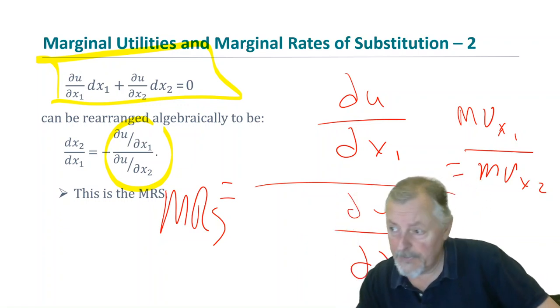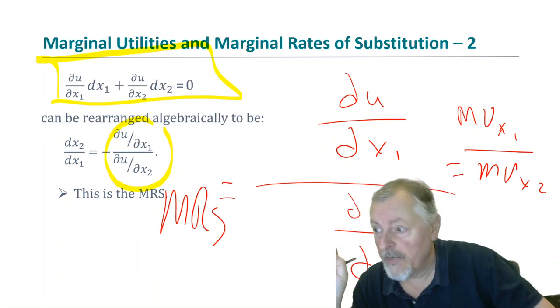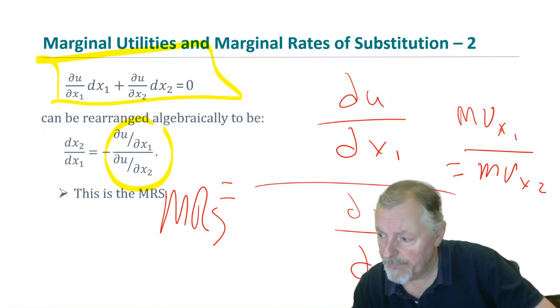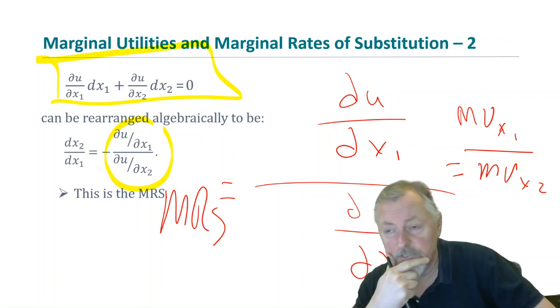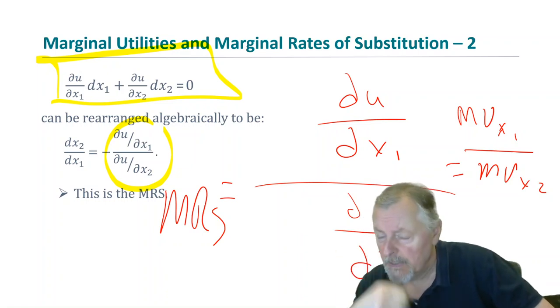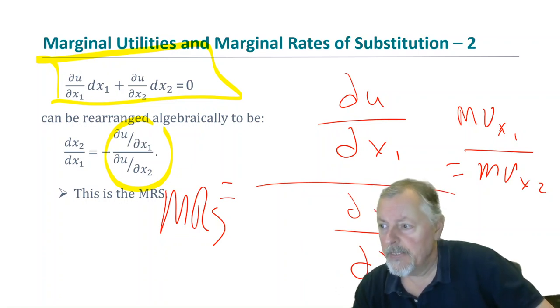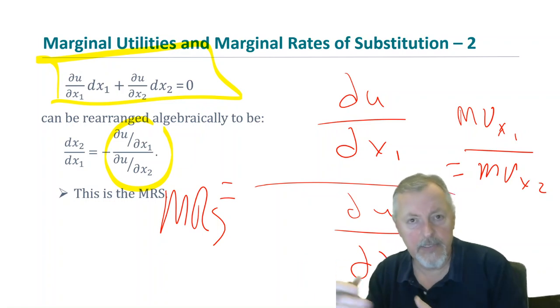The top half is how much extra utility you get for a little change in x1. The denominator is how much change in utility you get for a small change in x2. The marginal rate of substitution is the ratio at which you are willing to trade these things off.